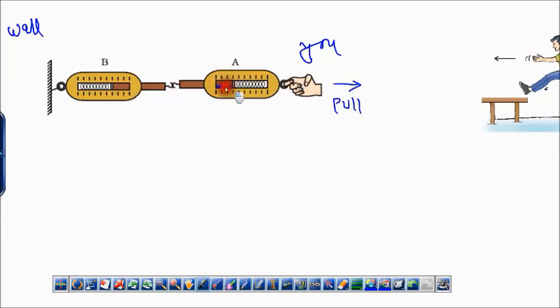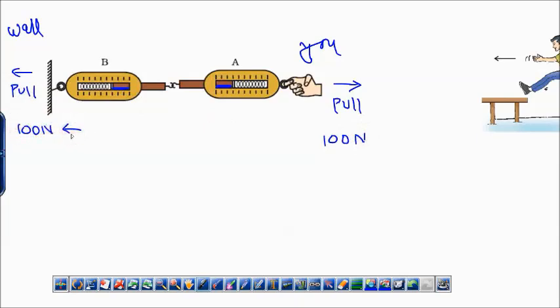You will realize the same amount of level is shown on the other side also, because the wall is also pulling in opposite direction. If you pull with 100 newton force, the wall will also pull with 100 newton force in opposite direction.